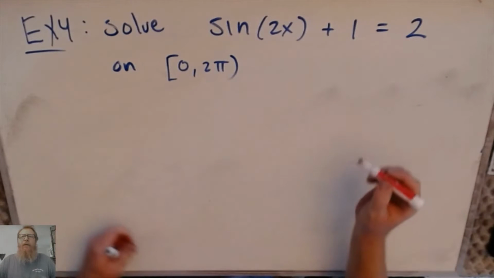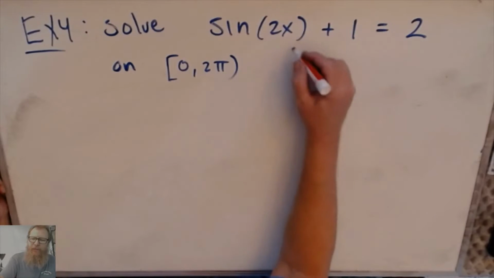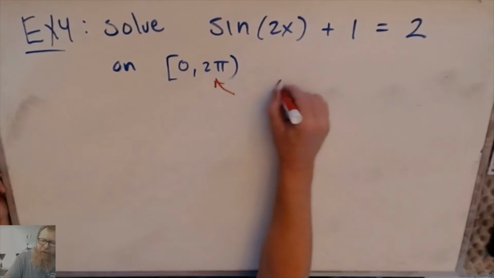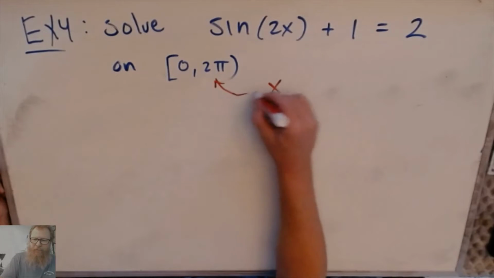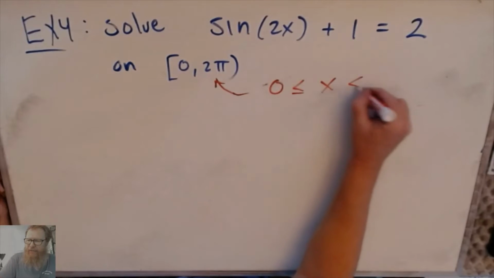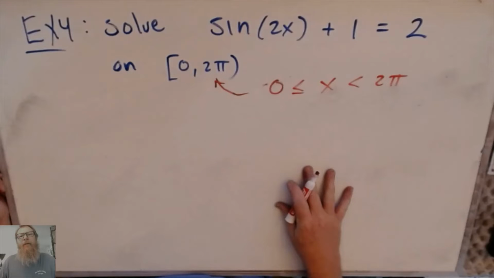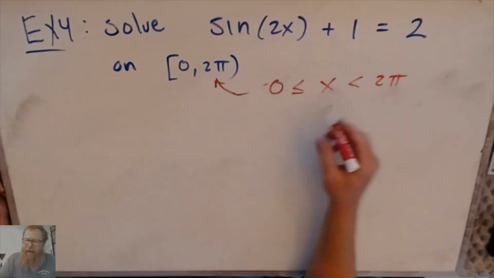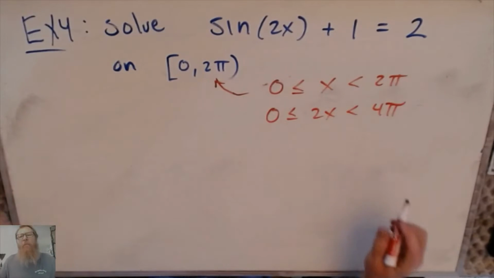Okay. So remember, x must be on the interval 0 to 2 pi. So this means x is between 0 and 2 pi, not including 2 pi. So 2x can go all the way to 4 pi.